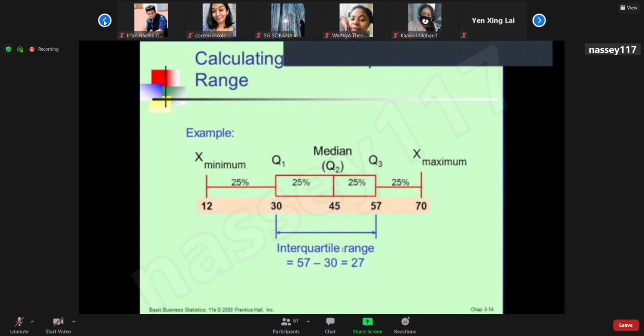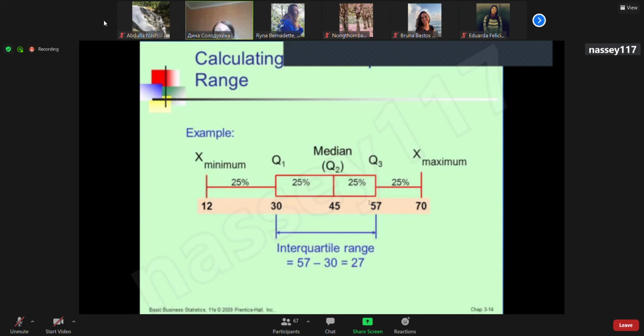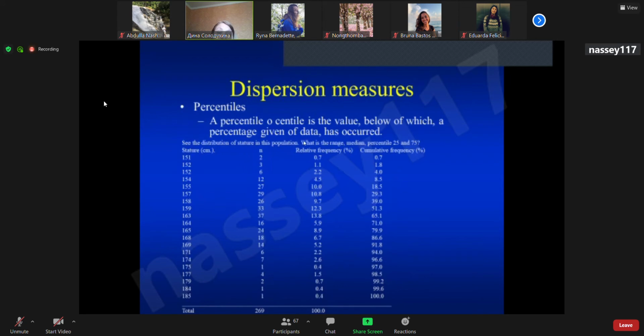Interquartile range in this case is equal to 27, and it shows central parameters which lie between the lowest and uppermost quartiles. So percentiles can be used in a large data set when we determine the value below which a percentage of given data has occurred.